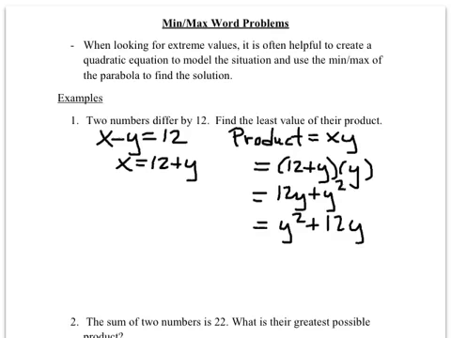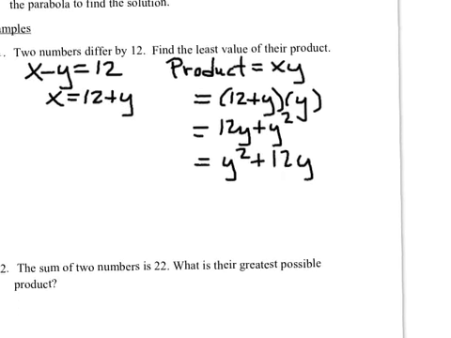If you remember, let's take a look at a made-up picture here. If this is a parabola, where is the minimum or maximum? In this case, it would be a minimum, and it's down here at this spot. What is that point? That point is the vertex.